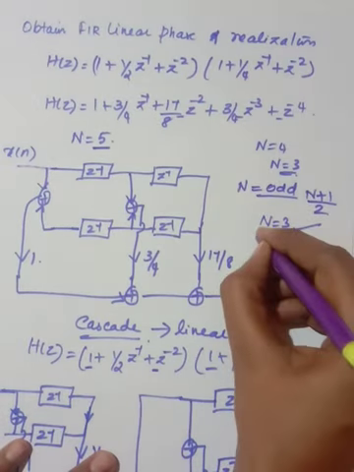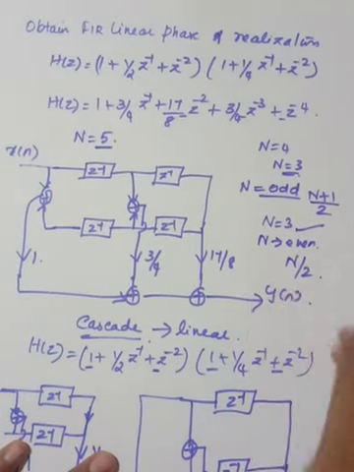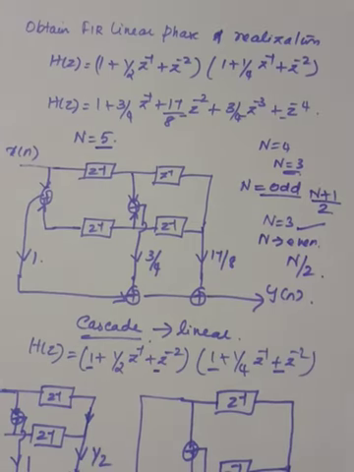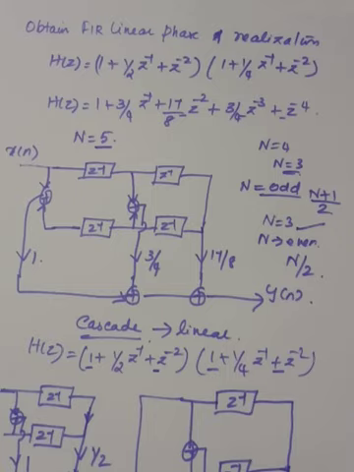For the even case, suppose n is even, the number of multipliers required is n by 2. So this is the linear phase realization. Thus we have reduced the hardware components here by applying the symmetric condition. While implementing in hardware, the number of multipliers will get reduced. So this is the advantage of the linear phase realization structure.